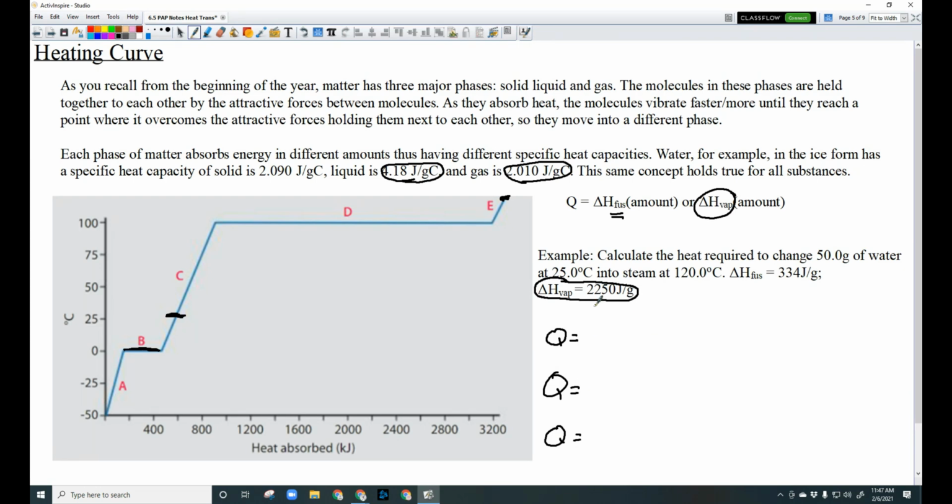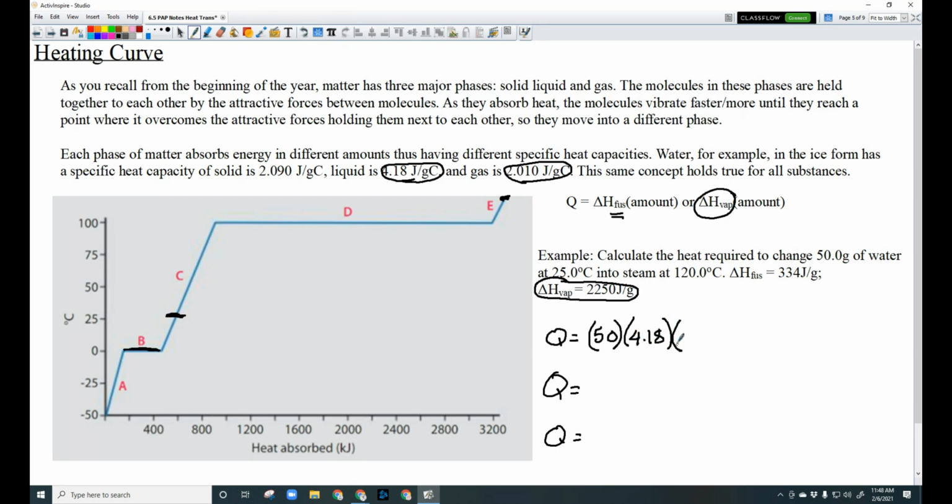Okay, one is going to be mc delta T, because we use mc delta T to calculate the heat of a phase. So for this, the mass is 50 times c for water. This is water, so it's going to be 4.18.